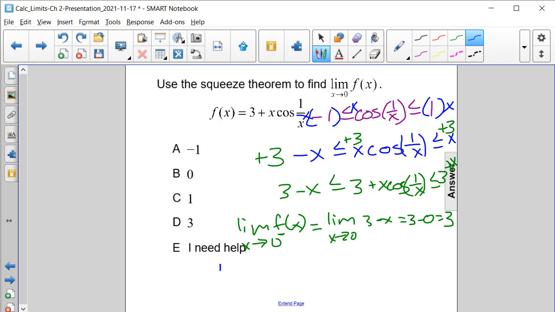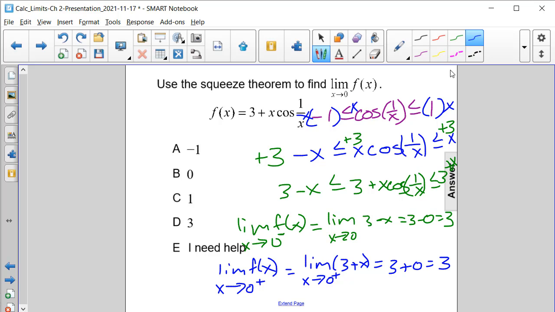And then if we find the limit of our function f of x as x is approaching 0 from the right, that's the same as taking the limit of 3 plus x as x approaches 0 from the right, which is equal to 3 plus 0, which is equal to 3.